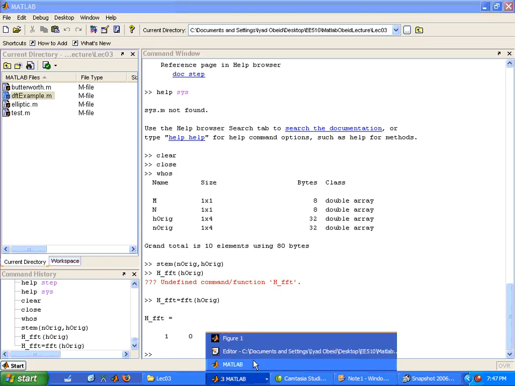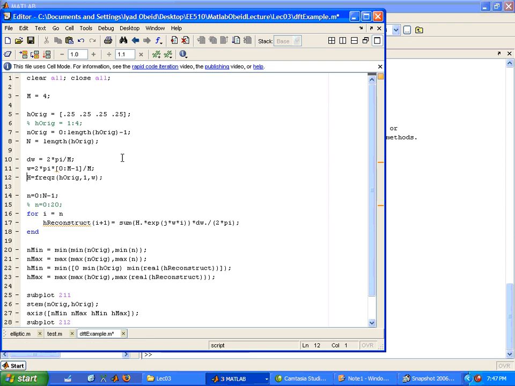Okay. So one option is I could have just taken the FFT. Alternatively, for reasons that I've just explained, I could use freqz, taking care to ensure that I evaluate it not just at any frequencies, but at the frequencies that are, remember, 2 pi times 0 over m, 1 over m, 2 over m, 3 over m, however many times I'm going to sample the DTFT.